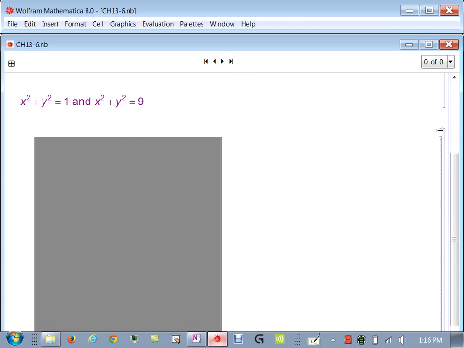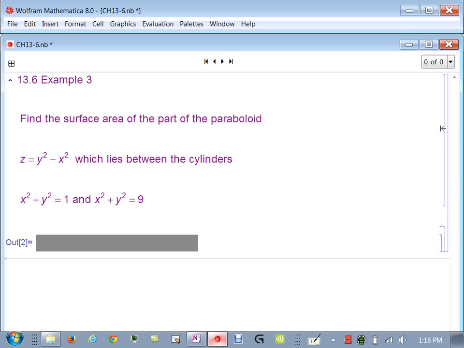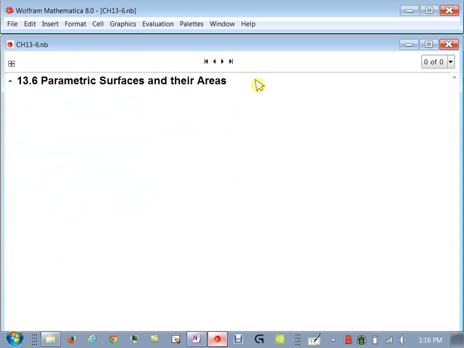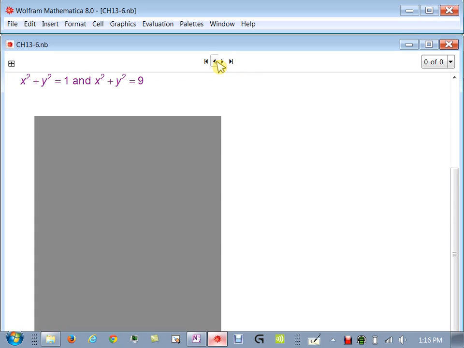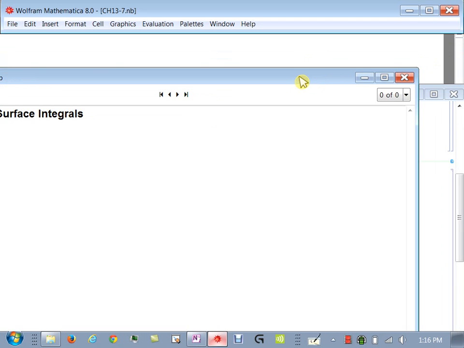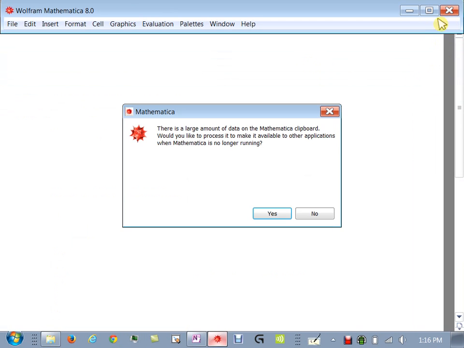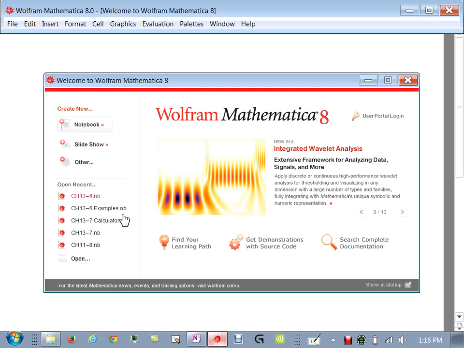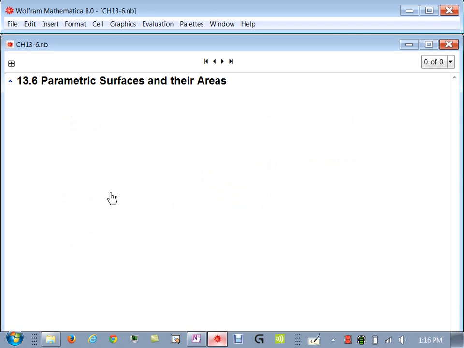Where is it? I don't know why it's not running that. It was example 3.